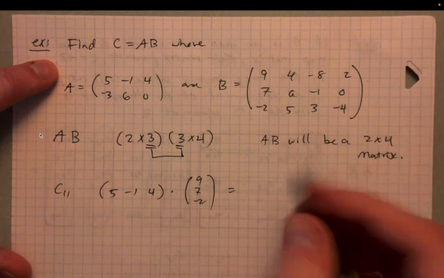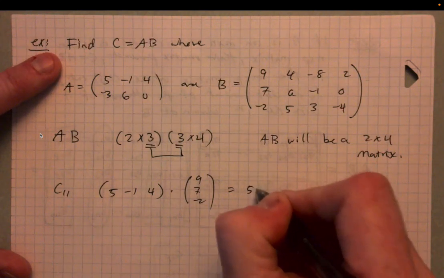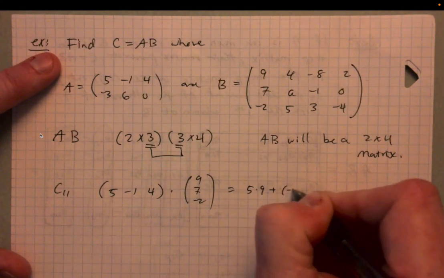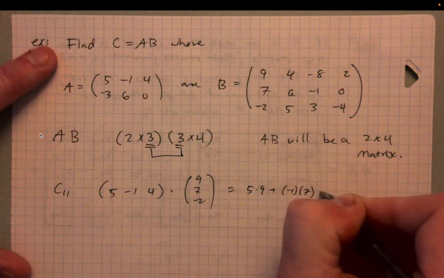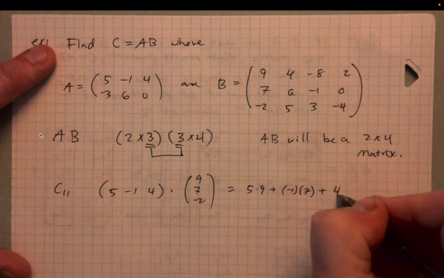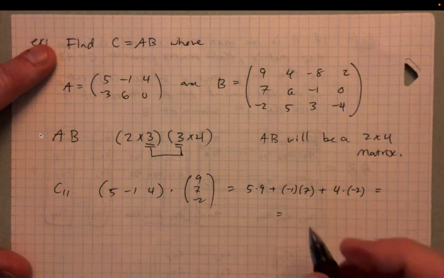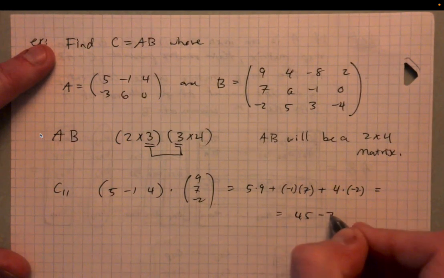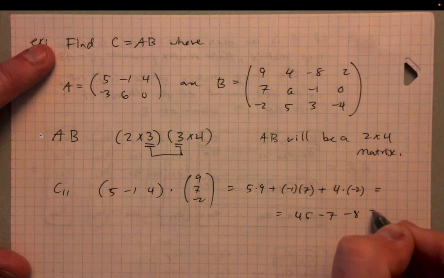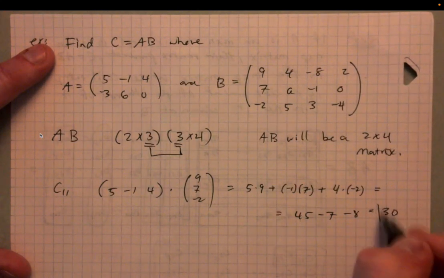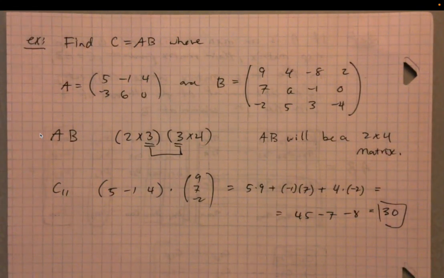Right? So remember the dot product is a simple thing. It's 5 times 9 plus -1 times 7 plus 4 times -2. Right, and when you do that, what do you get? 45 minus 7 minus 8, and I think that's 30. Okay, so the C11 entry is going to be 30.